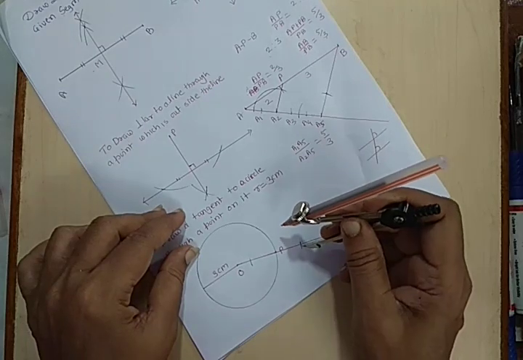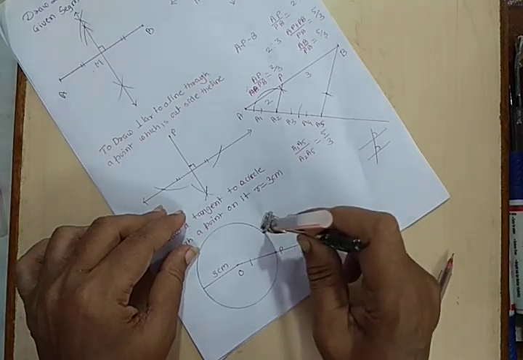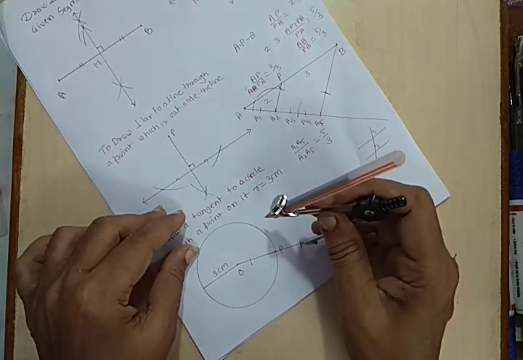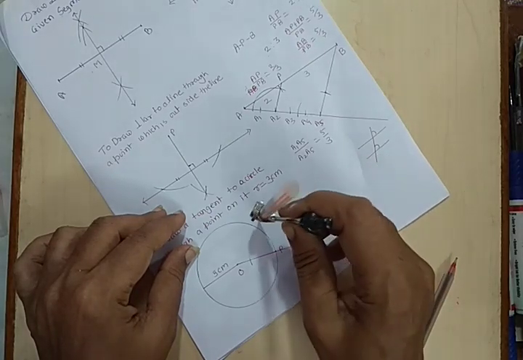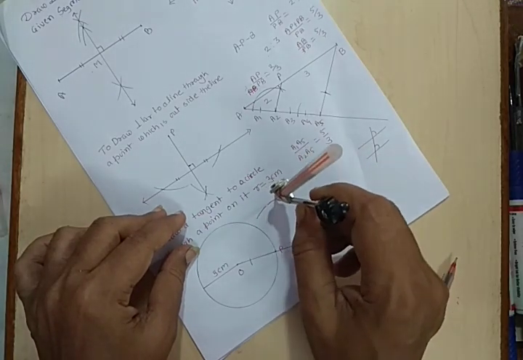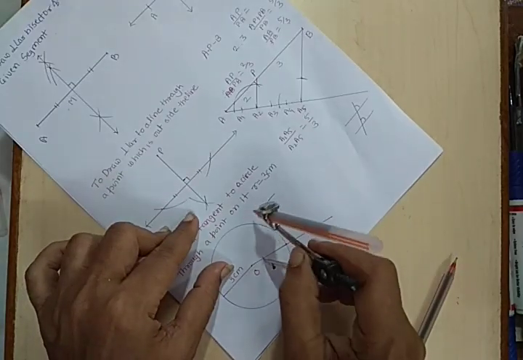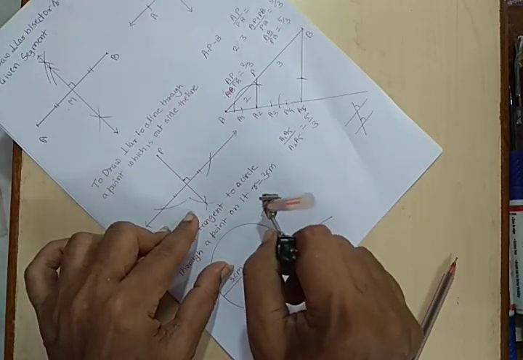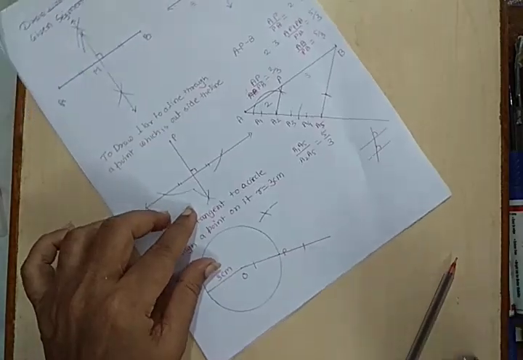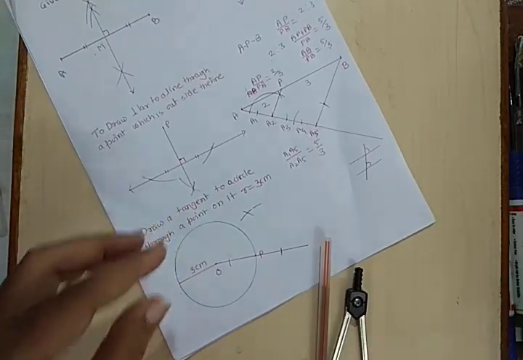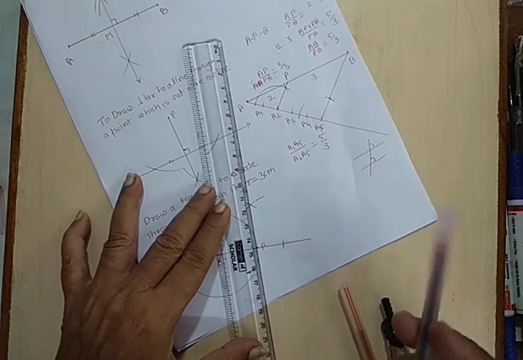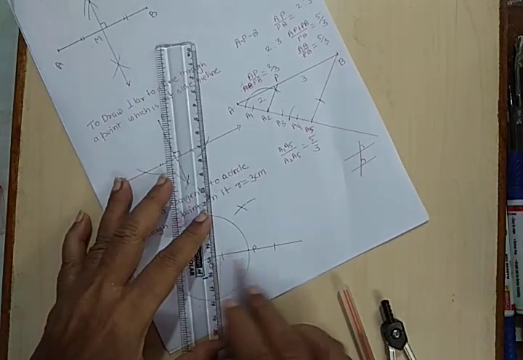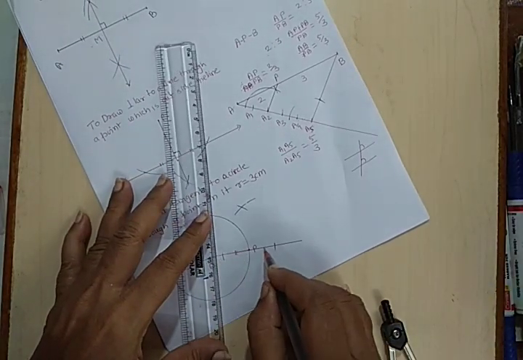Now from these 2 points I will mark some congruent, equidistant arcs with 2 different centers, and join this. There is no need to draw the arc on the bottom side. This much is sufficient because P is already equidistant from these 2 points.